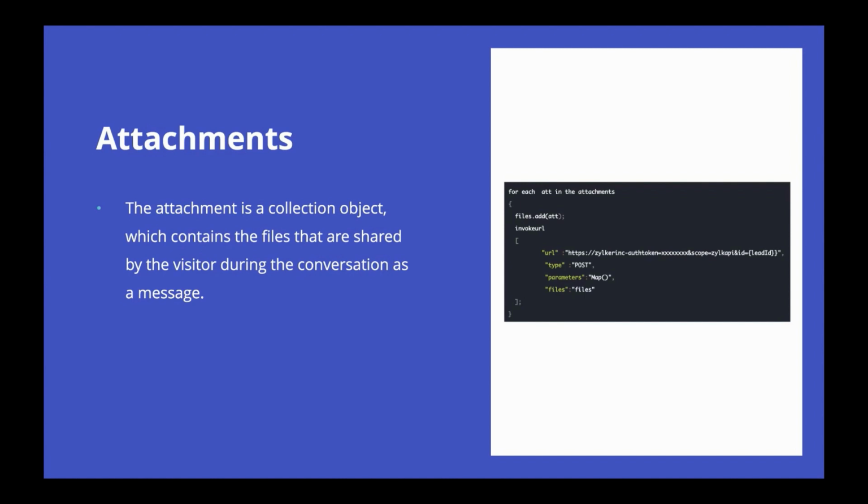And also, if there are comments attached to the file, you can retrieve them. This will also contain some file object properties because an attachment has been shared. So it also contains the attachment properties like the size of the file, or the name and the type of the file that has been shared by the visitor.